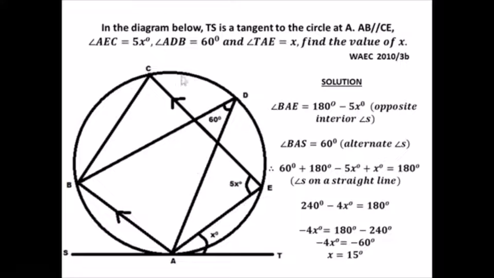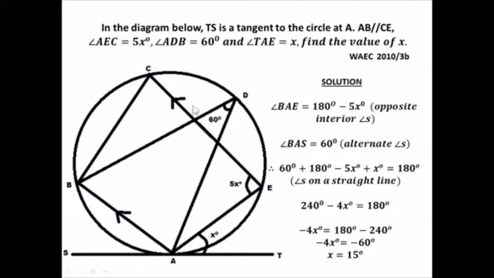If you look at the question, it says that in the diagram below, TS is a tangent to the circle at A, and AB is parallel to CE. Line AB is parallel to CE. That's why you're having arrows on them. Then angle AEC is 5s degrees. This angle here is 5s degrees.